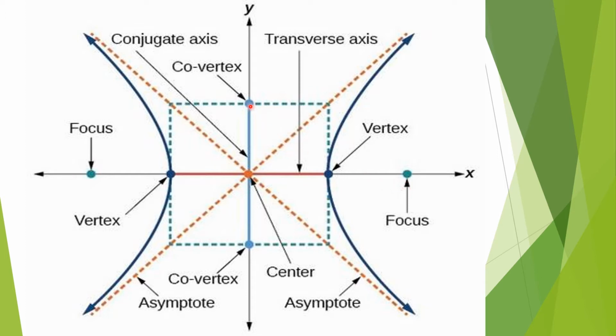And then we have the co-vertex, or the endpoints of our conjugate axis. This segment is our conjugate axis, and this segment from the vertex that passes through the center going to the other vertex is the transverse axis. And these dashed lines are our asymptote lines.